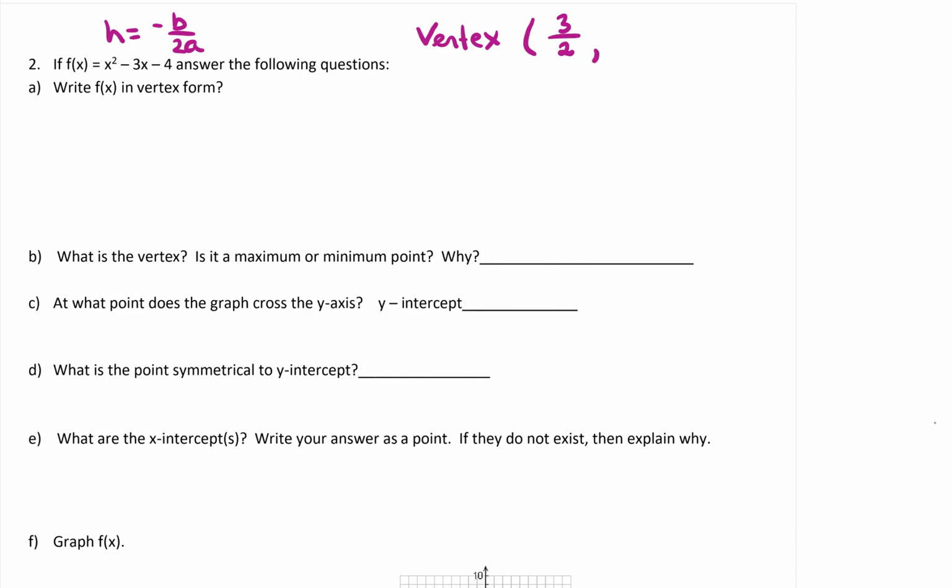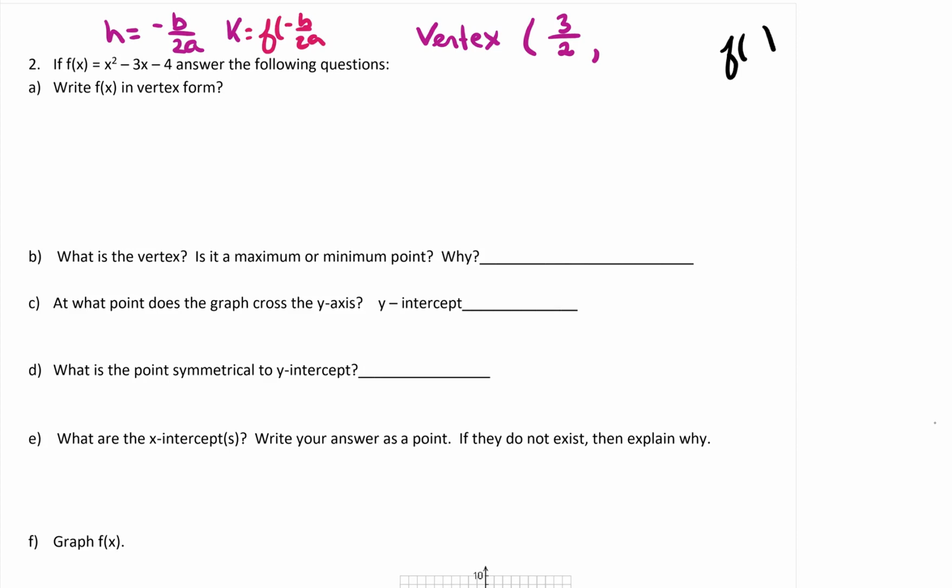My k value of my vertex, which is also the y value of the point of my vertex, is equal to f of negative b over 2a. So I need to plug in 3/2 wherever I see an x in my original function f of x. Let's solve this over here.